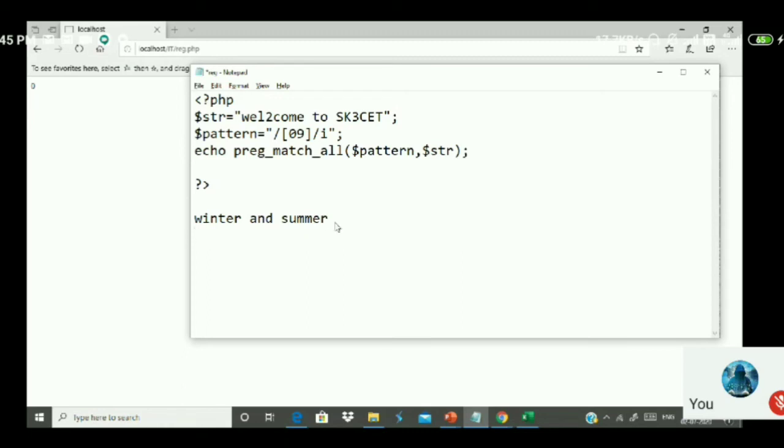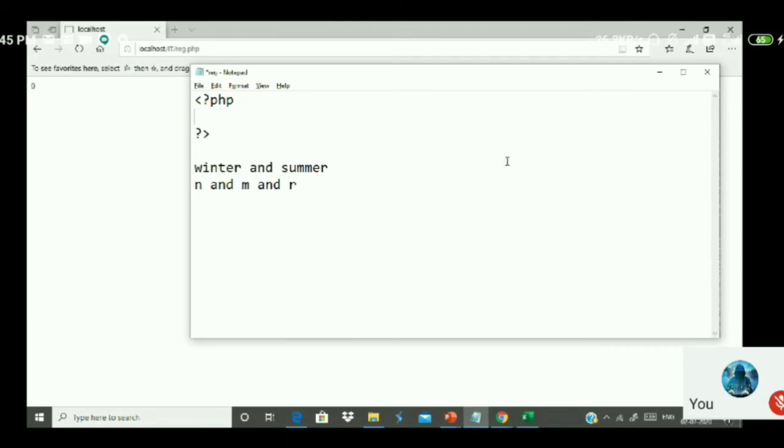For example, n appears one time, r appears 2 times, m appears 2 times, so 5 times. I should get an answer of 5. So I should match n, m and r, find wherever a match is there, and the total count should be printed. Now tell me how to write the code for this. The question is given to an open forum. Should I call the names?